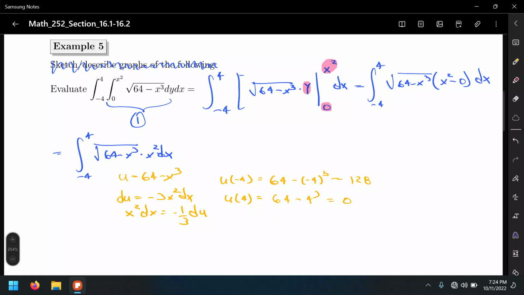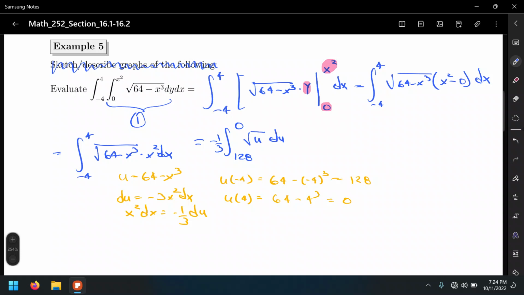All right, let's integrate. Let's write down the integral, not from -4 to 4, so this time from 128 to 0 of the quantity square root of u du, and actually this needs the correction factor -1/3, which I'm going to write outside.